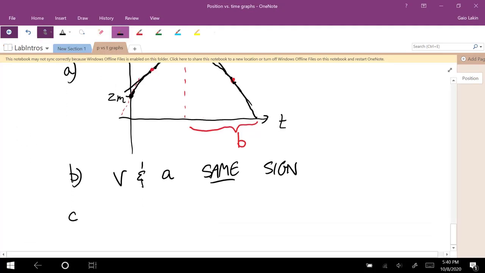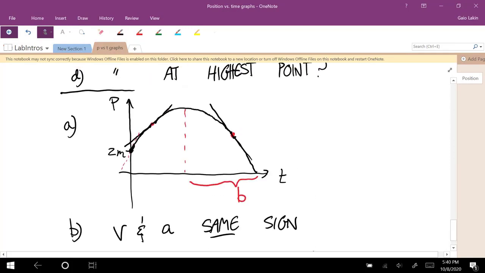Okay, now part C. What do we know about the requirements for the object to be slowing down? Well, we know that velocity and acceleration have to have opposite signs. Again, on this whole graph, we know that the acceleration is negative. It's concave down. So the region where the velocity is positive, that makes the signs of velocity and acceleration opposite, is that first half.